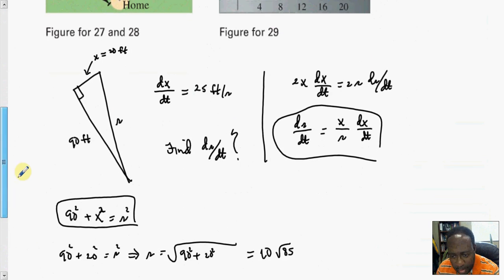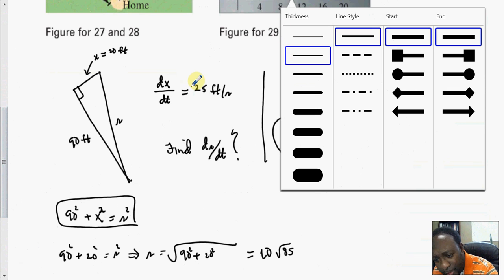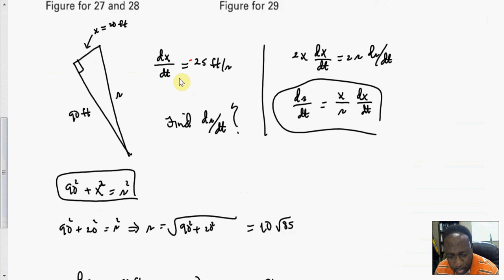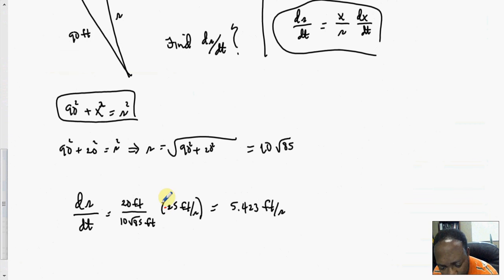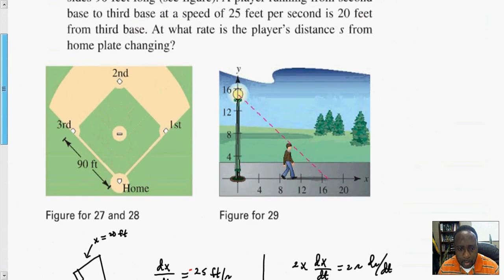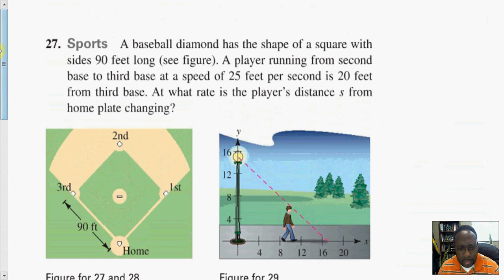Oh man, you can't forget that. So this is negative, and so the result is negative. So that was 27. Well, I guess that should do it for now.